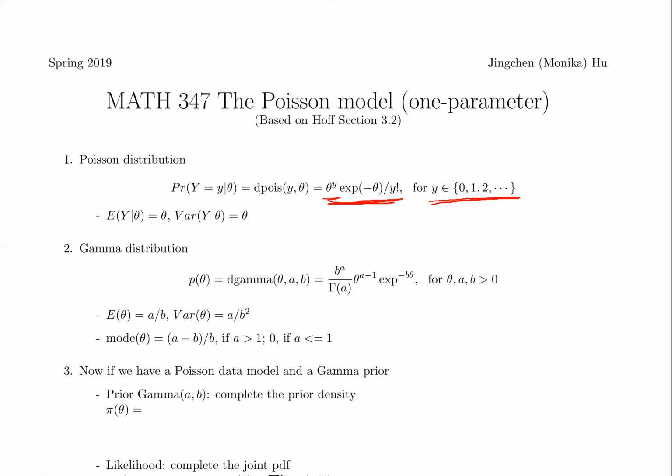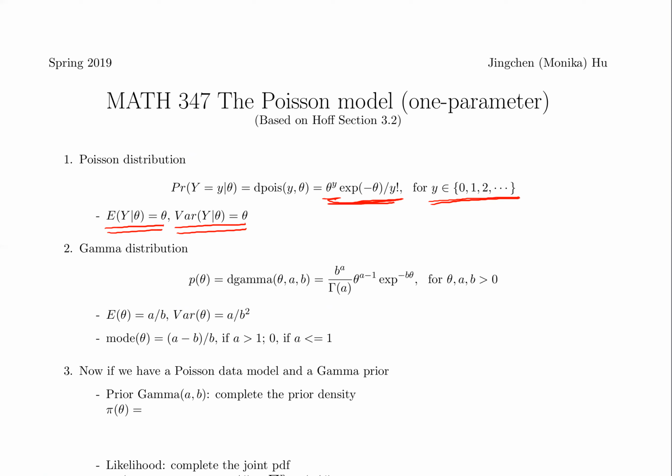One thing interesting about this Poisson distribution is you can see the property, the mean and the variance. It's both theta.